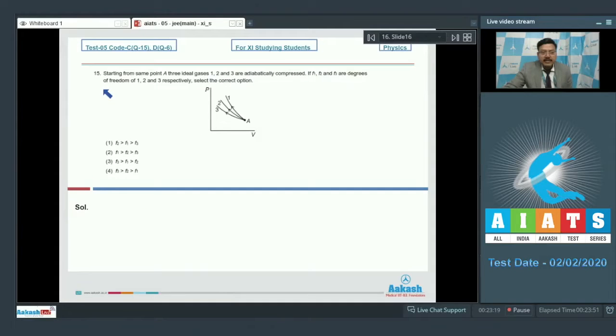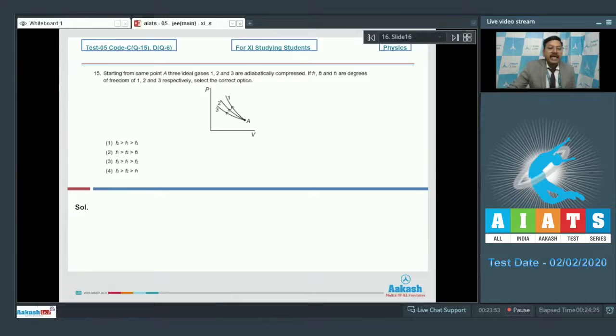Question 15 says, starting from same point A, three ideal gases 1, 2 and 3 are adiabatically compressed. If F1, F2 and F3 are degrees of freedom of 1, 2 and 3 respectively, select the correct option. Well, all three processes represent adiabatic compression. It's clearly given in the question. And well, we have to find a relation between the degrees of freedom of the gas.